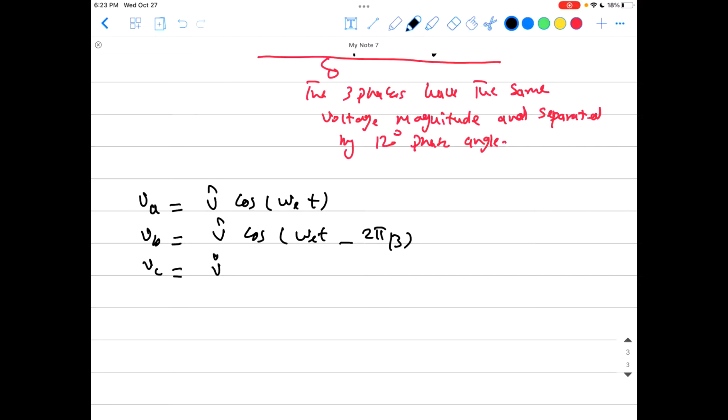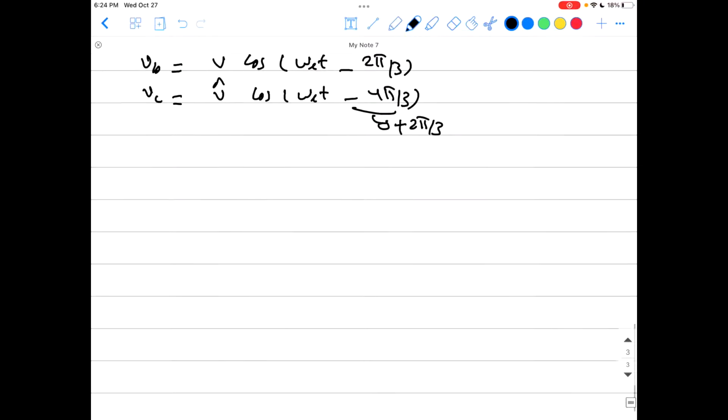VC equals the same magnitude V, cosine of omega_e t minus 4 pi over 3, or this can be plus 2 pi over 3. They are the same number actually. So that is what I mean by balanced three-phase voltages.